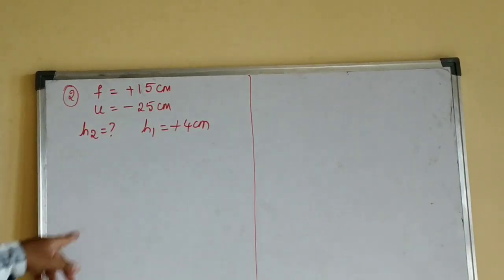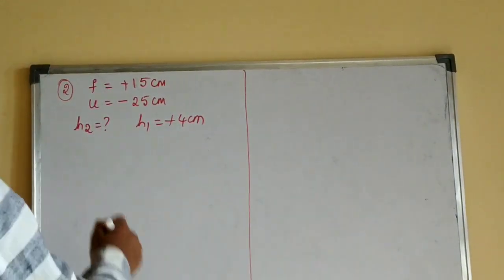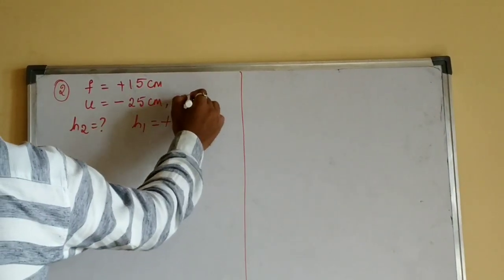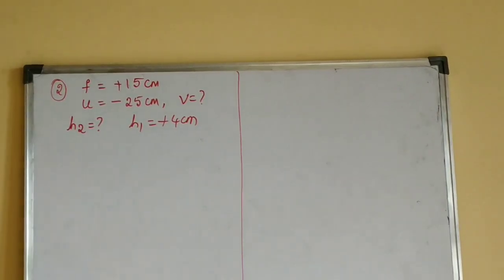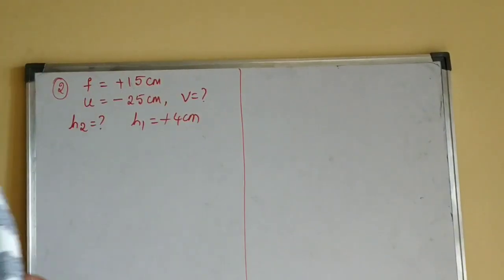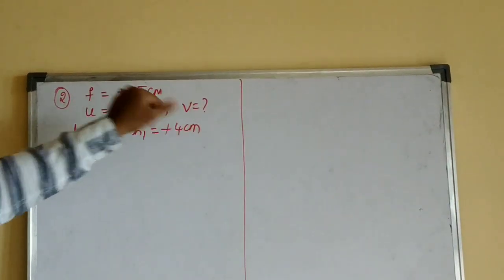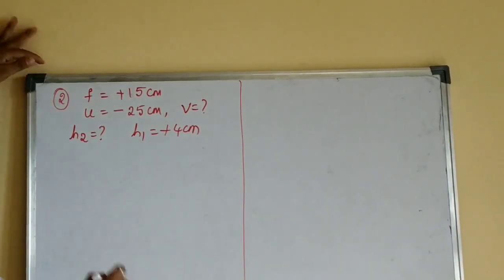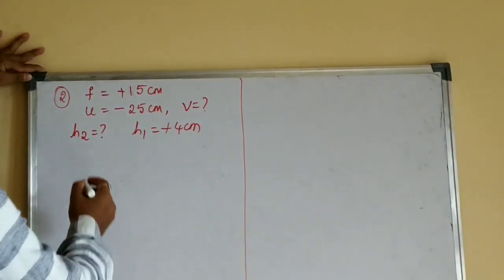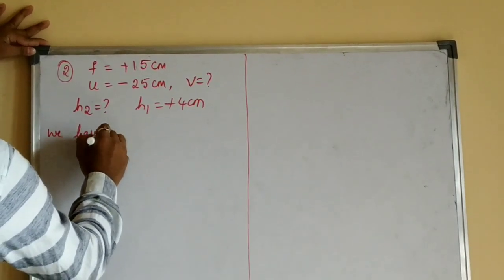First find the value of V, and then the value of H2. U is given, F is given, so you can easily find V using the lens formula.